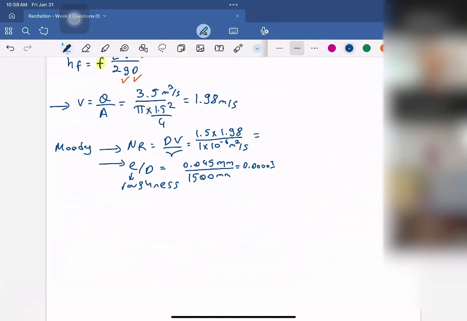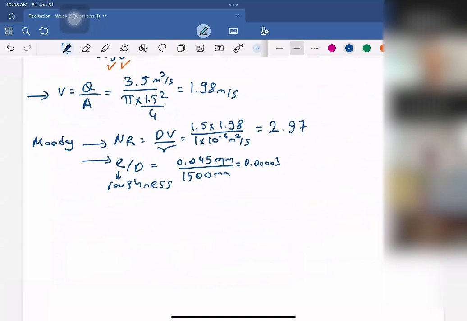And for the Reynolds number, we can get 2.87 times 10 to the power of 6.